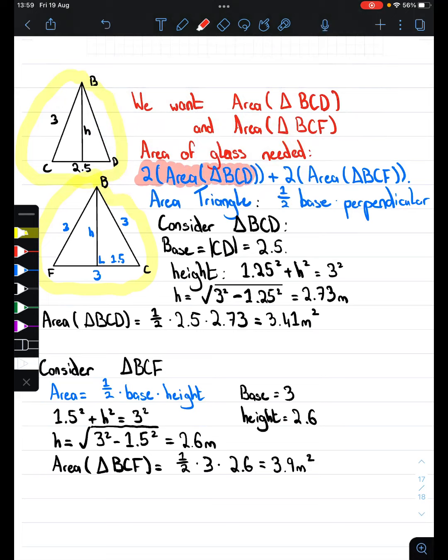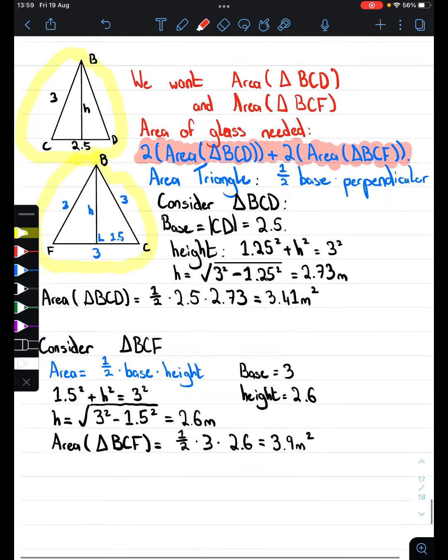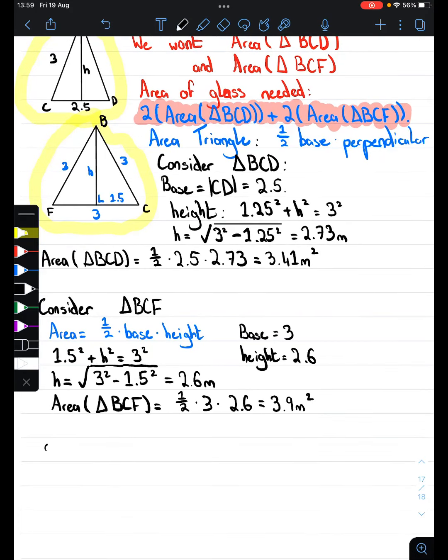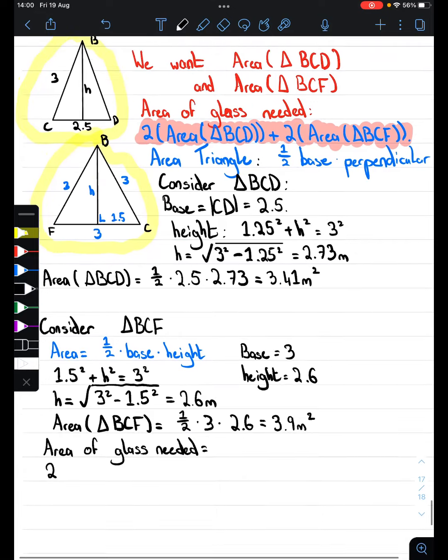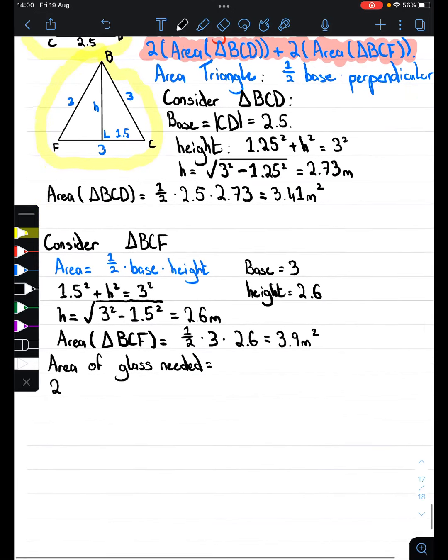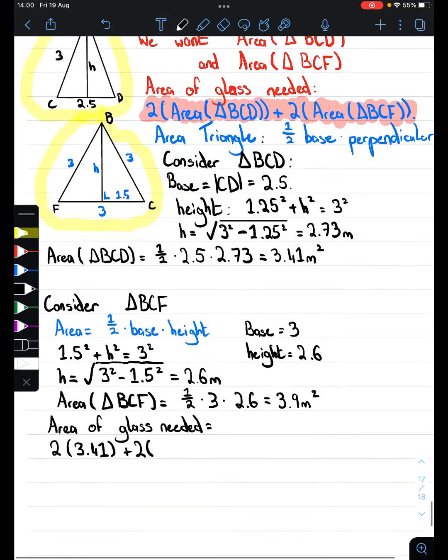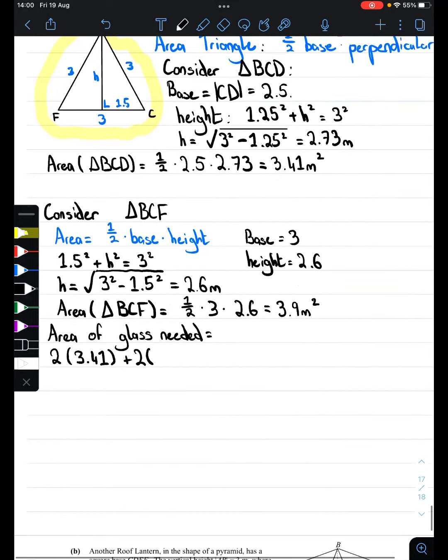The area of glass needed equals 2 times the area of BCD, which is 3.41, plus 2 times the area of BCF, which is 3.9.